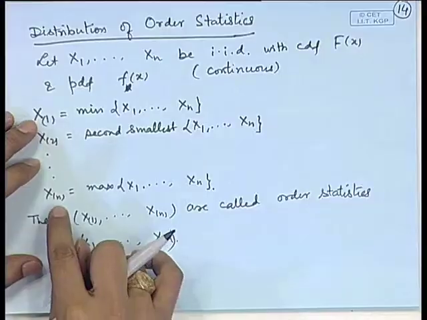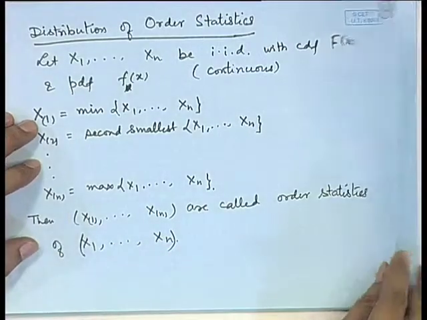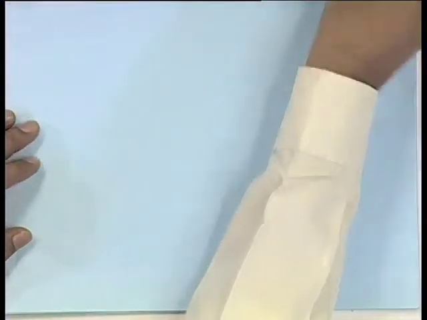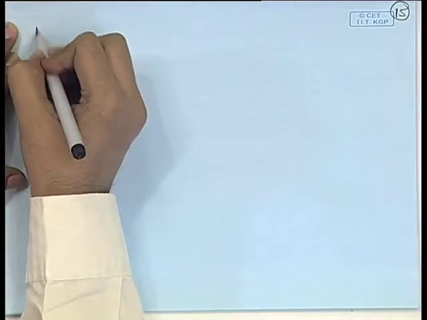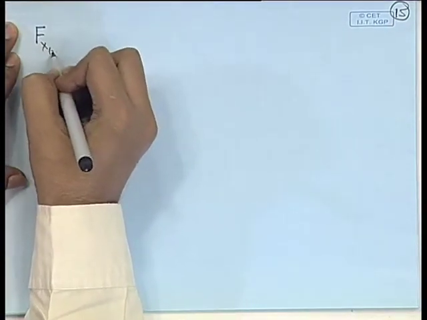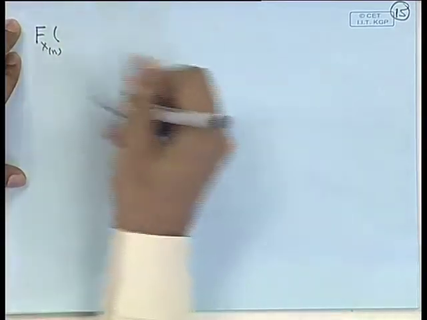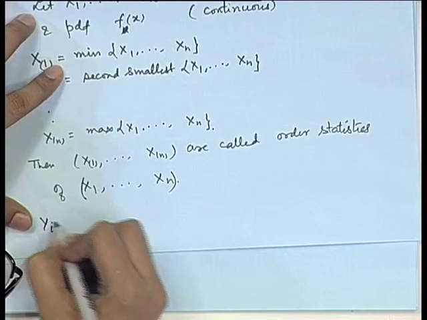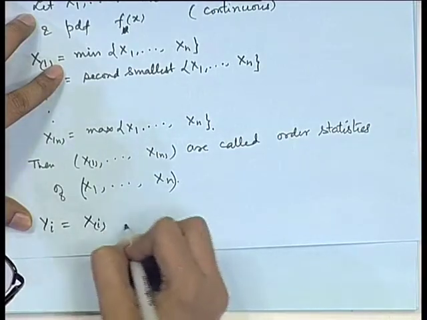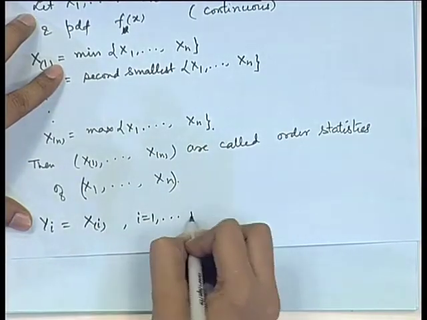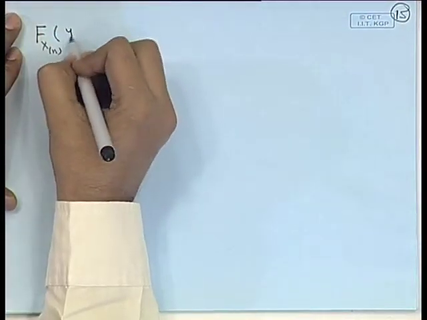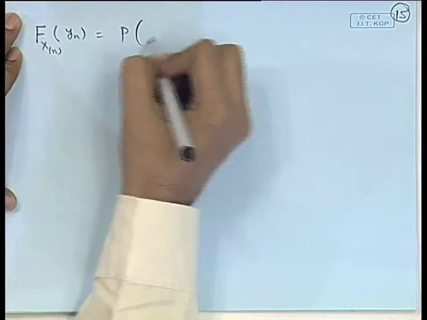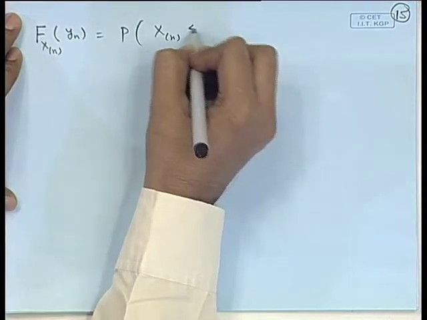Suppose we want to find out the distribution of X(n). So, we may use a direct approach. For example, we look at F of X(n). Let me use a notation here, say Yi is equal to X(i) for i equal to 1 to n. So, the distribution of the largest, that is probability of X(n) less than or equal to yn.